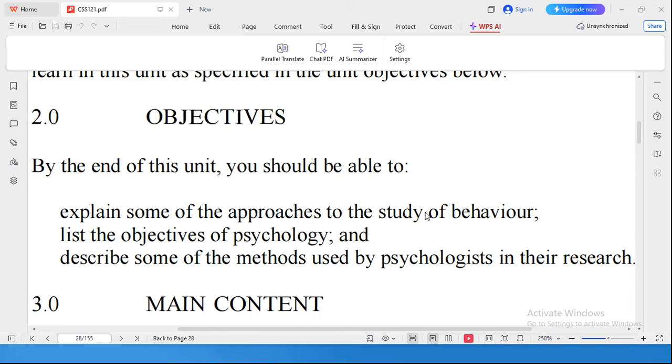So, a brief summary of our approaches. The biological approach focuses on brain and chemicals, and the key belief is that behavior is physically caused. The psychodynamic approach focuses on the unconscious mind. Their key belief is that past experience drives behavior.